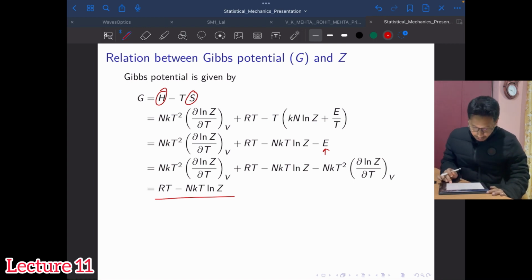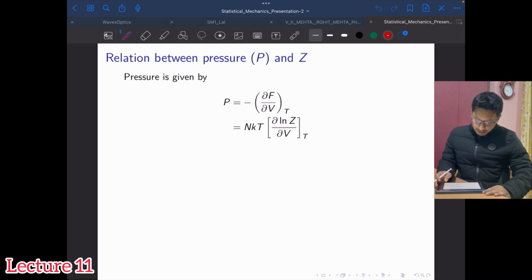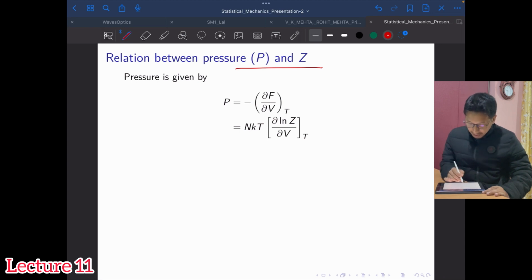Next, the relation between pressure and partition function Z. We know from the earlier thermodynamic studies that the pressure is given by negative del F by del V at constant temperature.